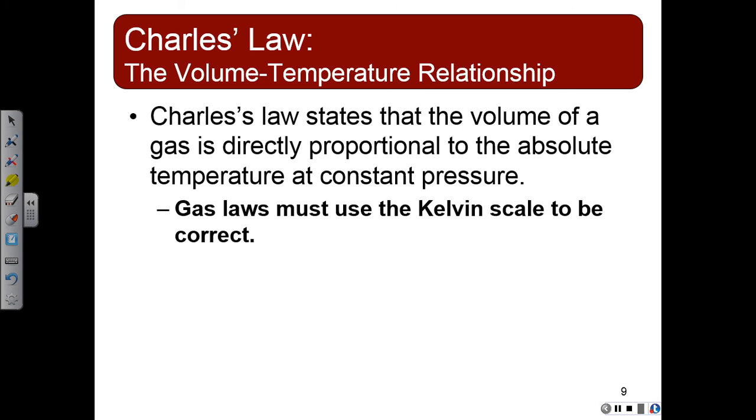This is a direct relationship. So if you increase the temperature, you increase the volume. When he pulled it out and it started to warm up, since the room is warmer than the liquid nitrogen, it started to expand. All of these laws are reversible, unless, of course, you busted your balloon or whatever it might be.